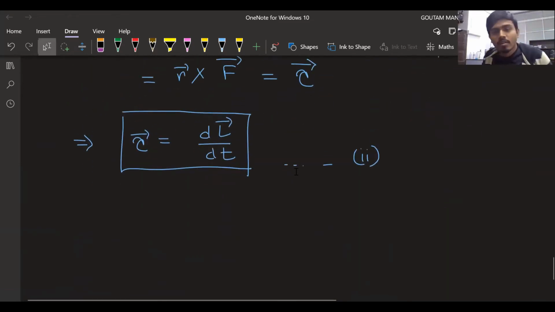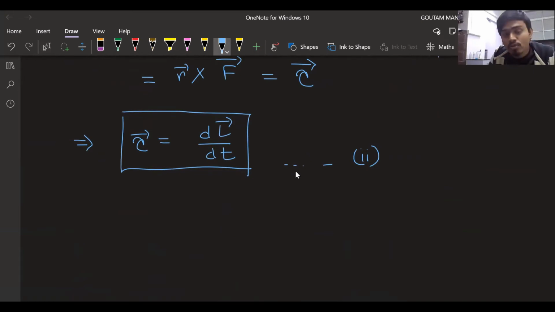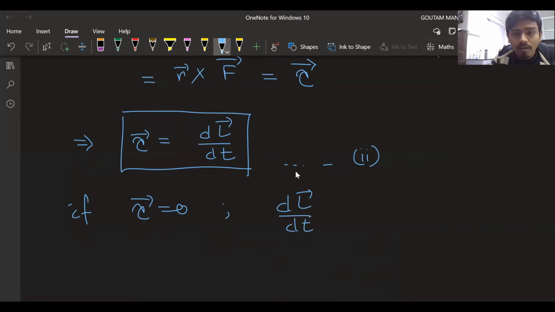Okay, now we can have a conservation principle here also, like we had before, where the force was the rate of change of linear momentum, and we got the conservation of linear momentum from there. Like if the force is 0, the linear momentum is not changing. So here also, if torque is 0, then dL/dt is equal to 0, which implies L is constant.